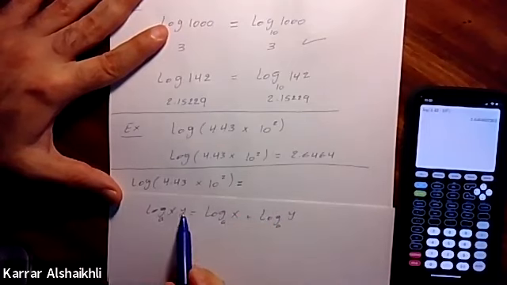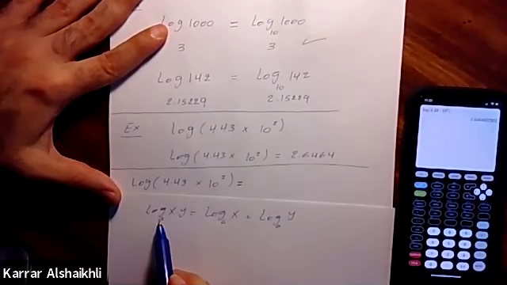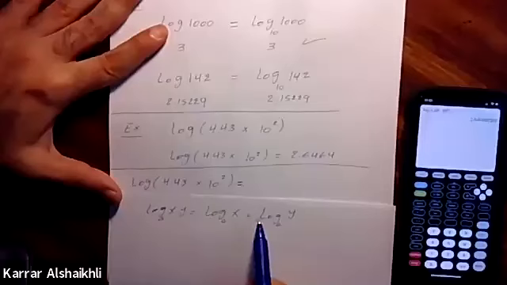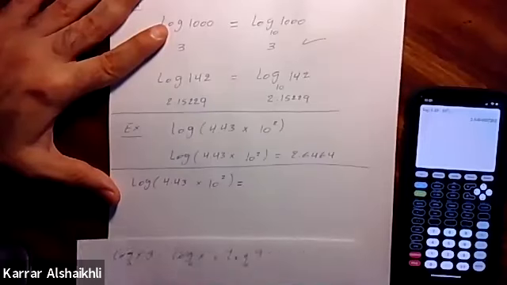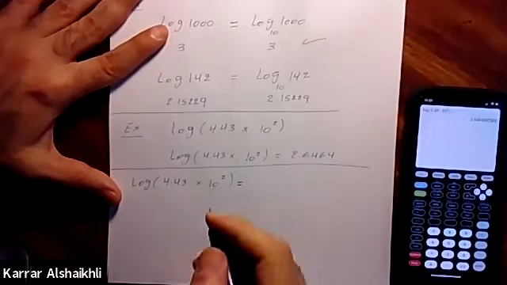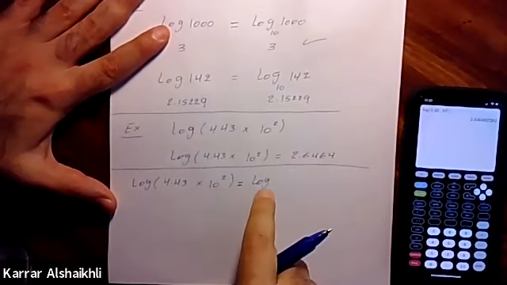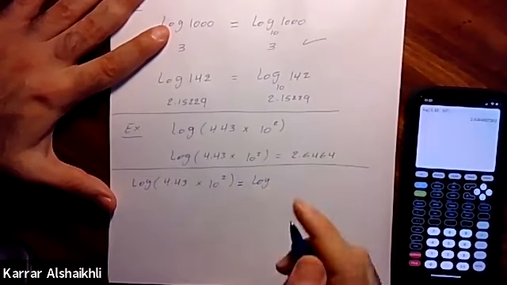If you have multiplication between two numbers with a certain base, you can convert the multiplication to log x plus log y. I'm going to use exactly the same rule here. This is going to be equal to log. The base is 10, I don't have to worry about the base.